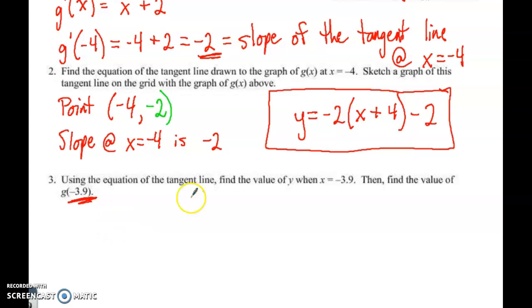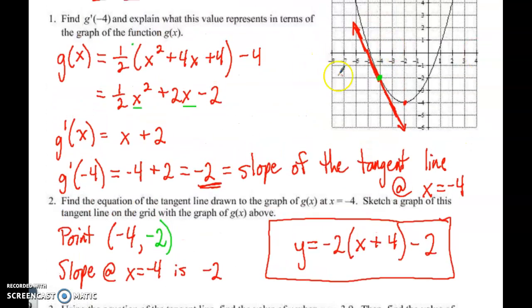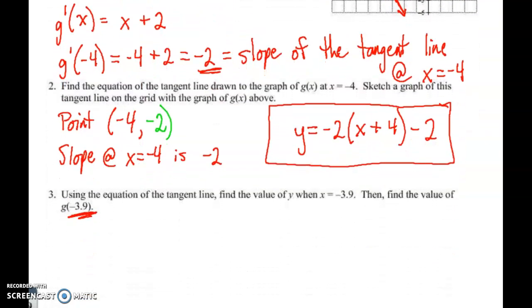So obviously this is going to be an approximation because, let me go back to my graph, -3.9 would be about right here for my tangent line, and the actual line is right here, so it's going to be off a little bit. But we can get a pretty good approximation by plugging -3.9 in for the x value in our problem.